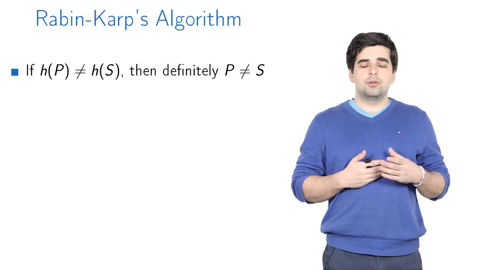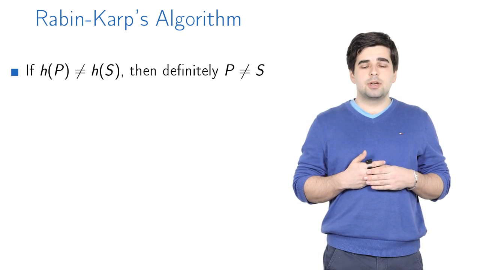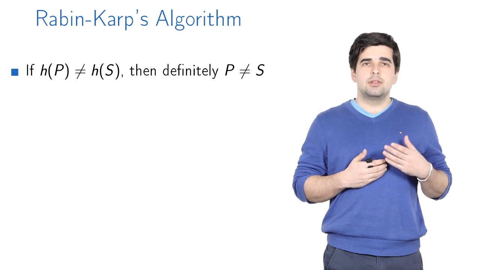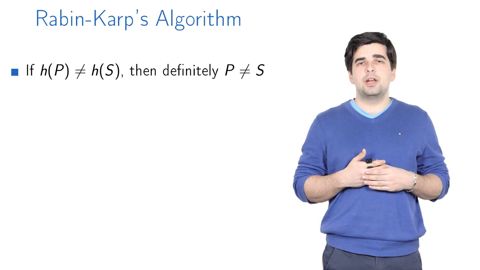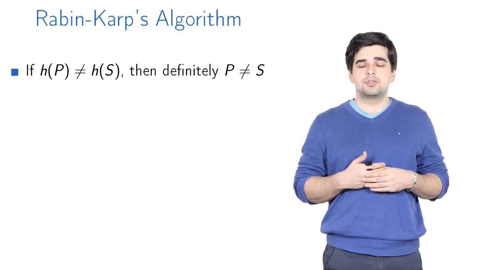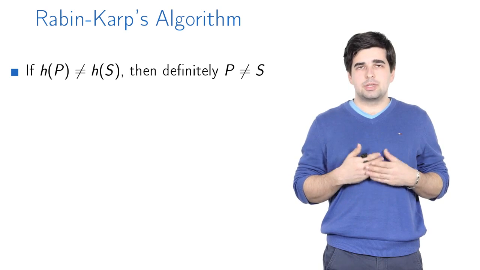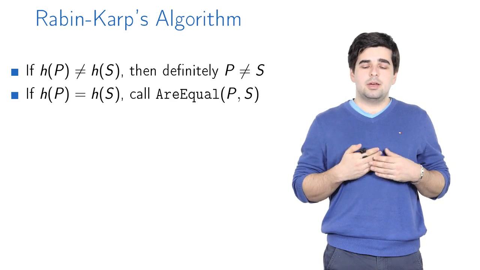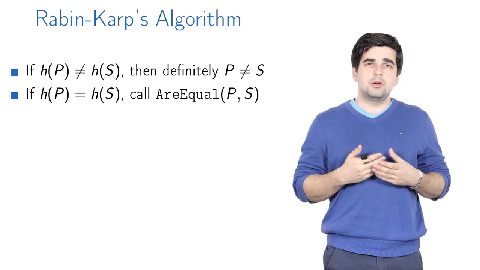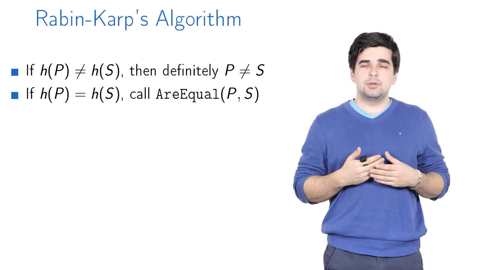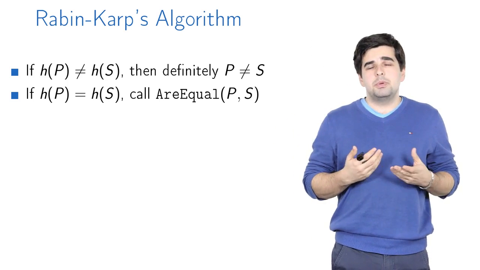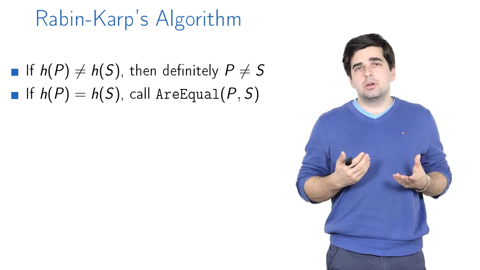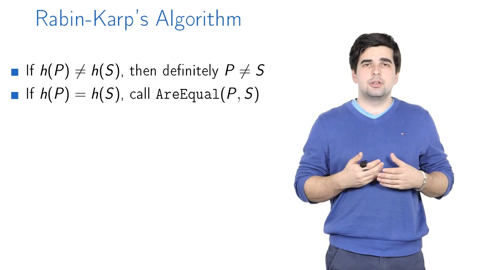If it is a deterministic hash function, and the value of the hash function on the pattern P is different from its value on some string S, then definitely P is not equal to S, because h is deterministic. However, if the hash of P is equal to the hash of S, P can be equal to S, or it can be different if there is a collision.